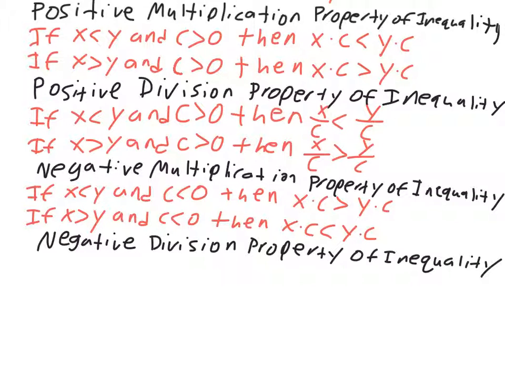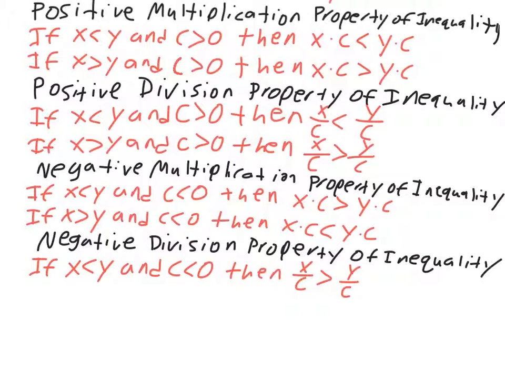Now for the last property. The negative division property of inequality pretty much does the same thing. If x is less than y and c is less than 0, again, a negative number, then x divided by c is greater than y divided by c.